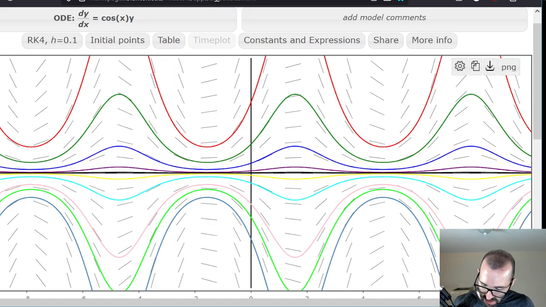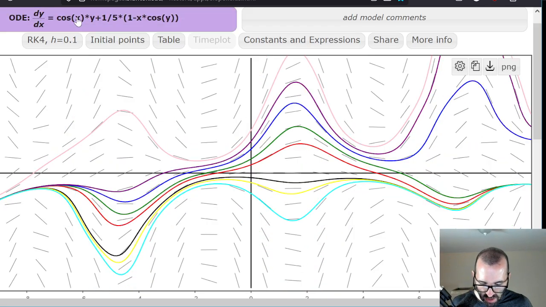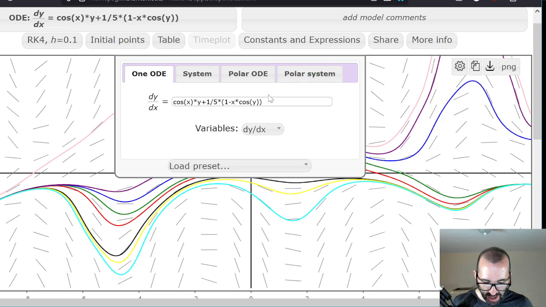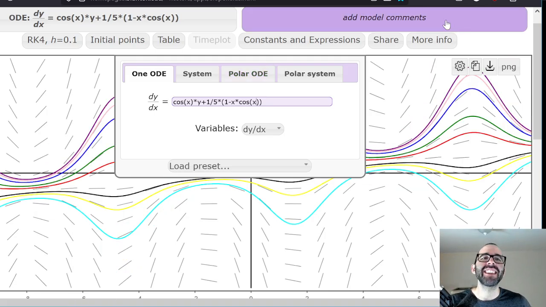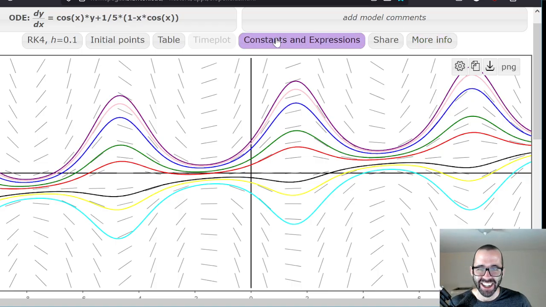This is cosine of x times y, and this is cosine of x times y plus a fifth times 1 minus, oh, that's y. Okay, great. This should be x. I was like, this is not making the point I'm trying to make. That's why there's a mistake. Okay, this is making the point I'm trying to make.